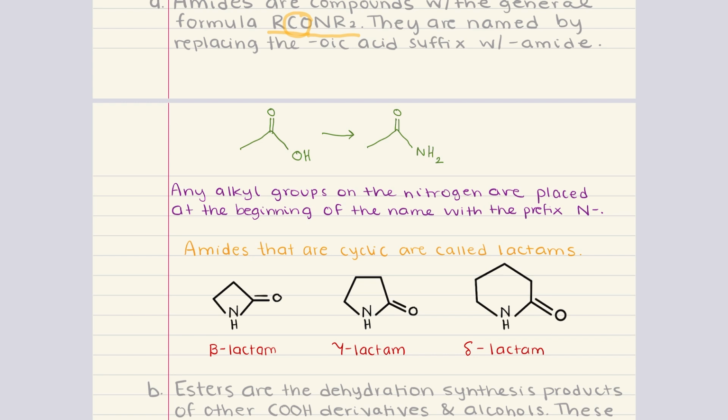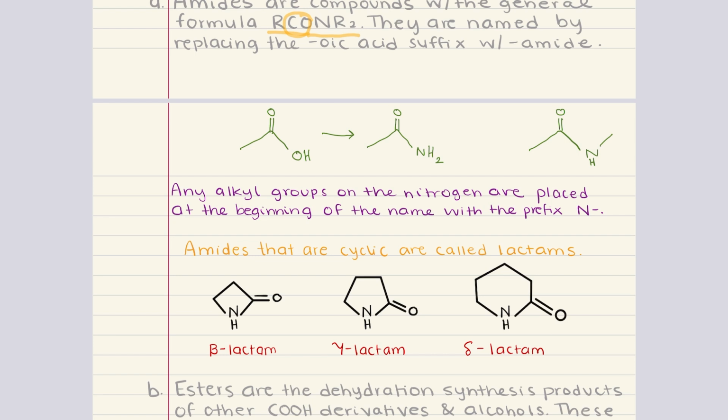But what if, instead of having two hydrogens attached to this nitrogen, we had an alkyl group attached? How would we go about naming this compound? Well, if there are any alkyl groups attached to the nitrogen atom, we name them as substituents.